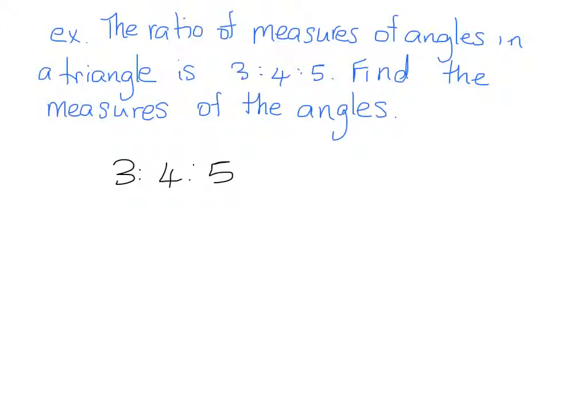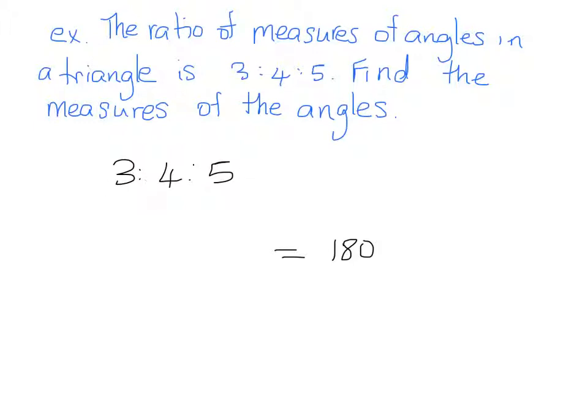Well, the reason is that this is the reduced ratio. There is another version of this ratio with the actual angles. When you add the actual angles up, you will get 180, but that has to be the unreduced ratio. So how do we get this unreduced ratio? When we reduce something, we're dividing by the same common factor throughout.